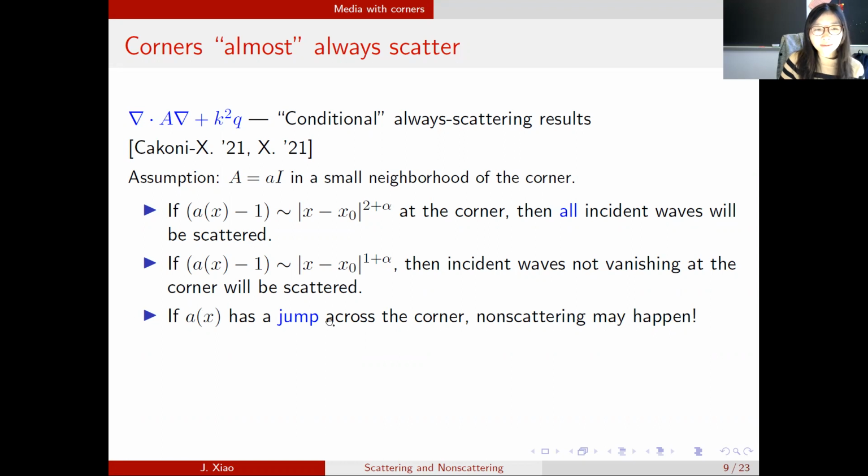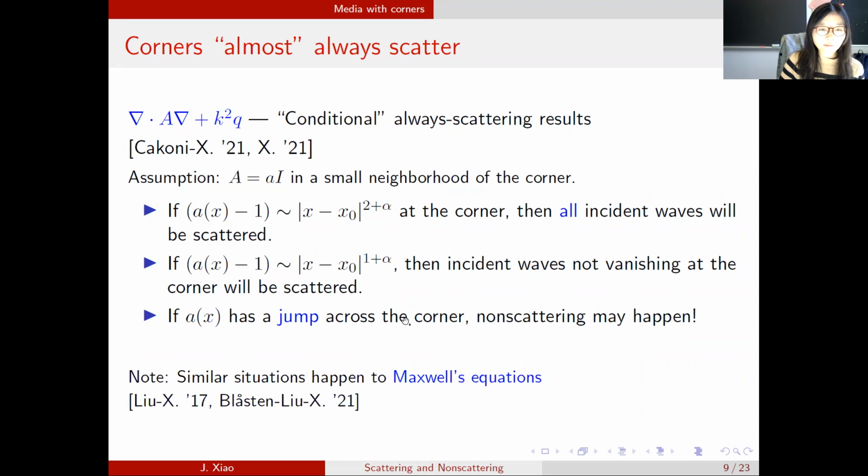Before I talk about this a bit more, let me also note that a similar situation, this quote unquote conditional overscattering result, also happens when we consider electromagnetic wave scattering.